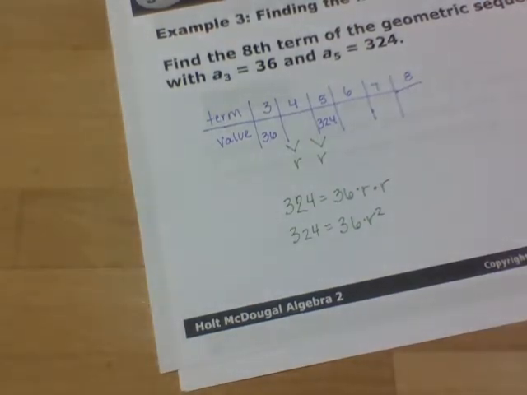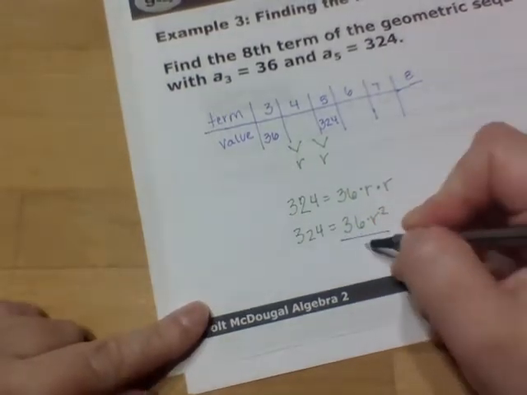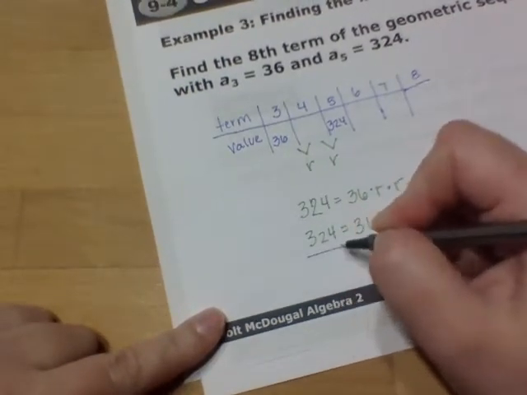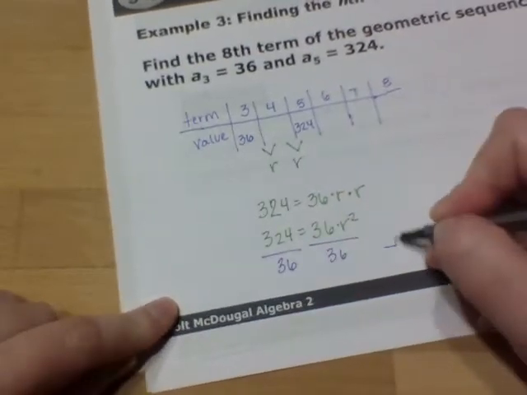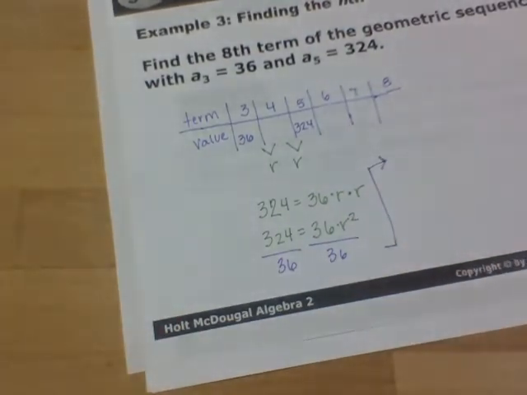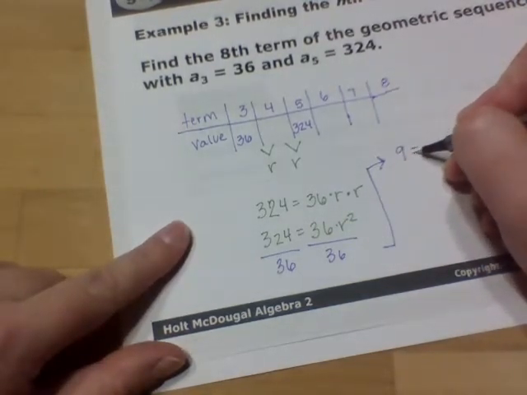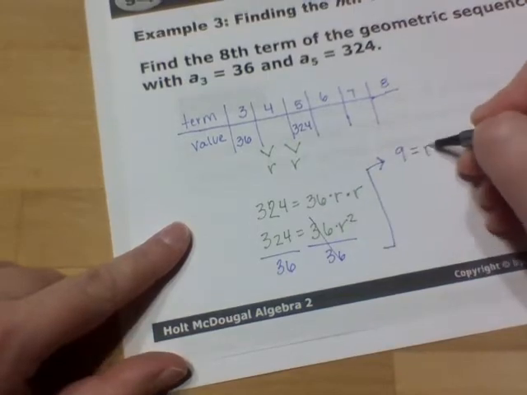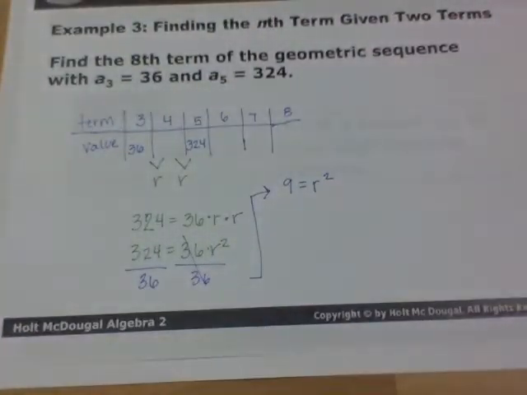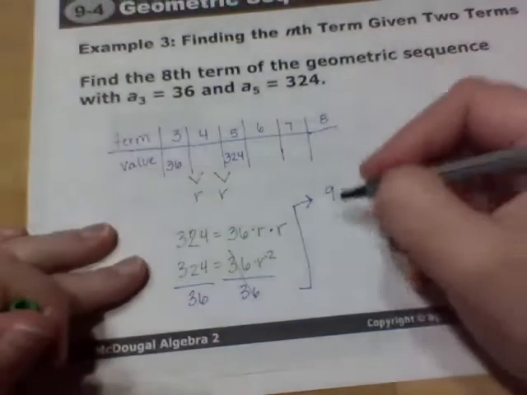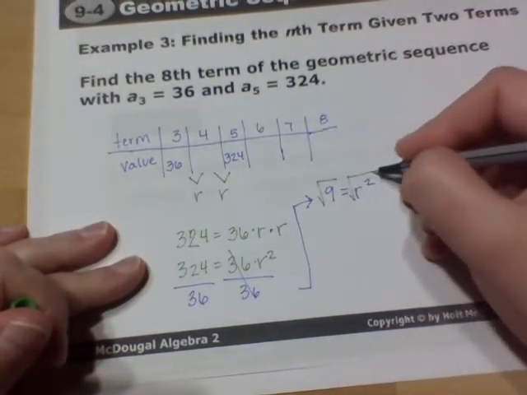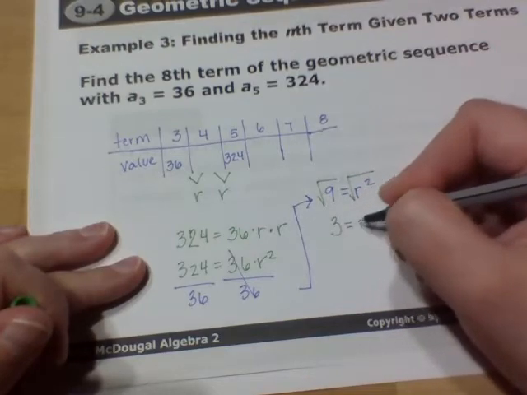So in order to solve this, we're going to divide both sides by 36, and we get 9. And then that is going to equal r squared. And then in order to solve that, we're going to take the square root of both sides and get our result for the common ratio of 3.